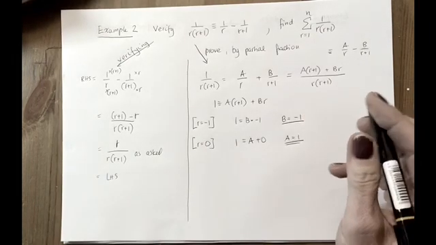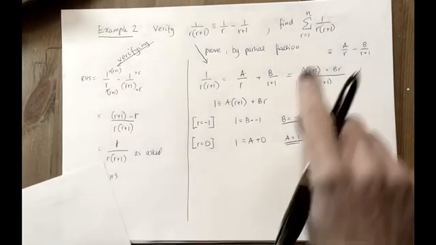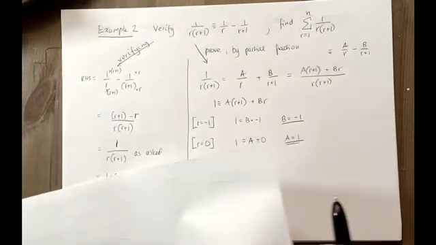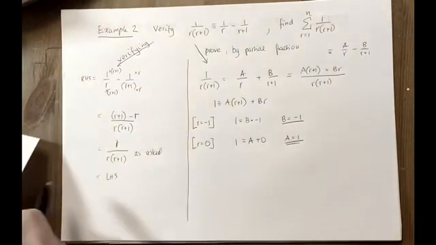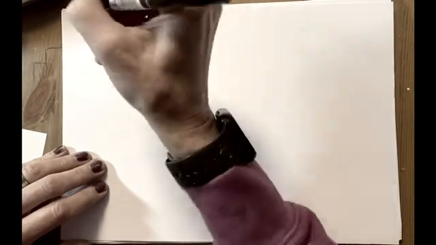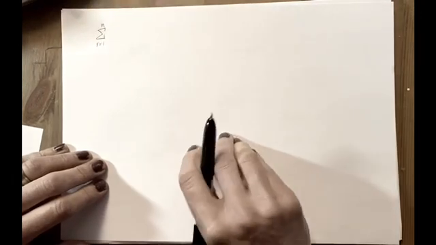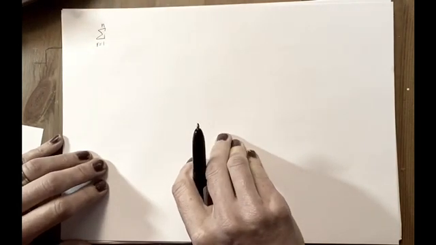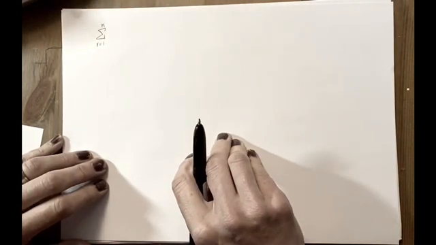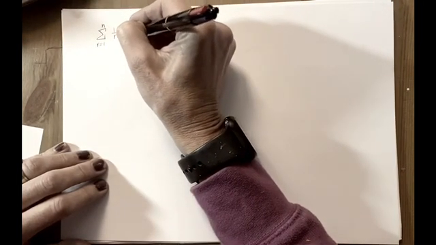Okay, so let's get another piece of paper and have a little evaluation of the sum. So now we've learned how to split our fraction into two partial fractions. We've got 1 over r minus 1 over r plus 1.